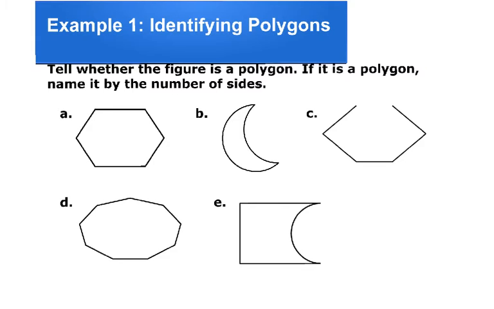So here, part A, we have a figure and it is made up of all line segments and it is closed. So we are going to say this is a polygon, and since it is a polygon, let's number the sides here to figure out how many sides it has. Okay, so 6-sided. This is a hexagon.